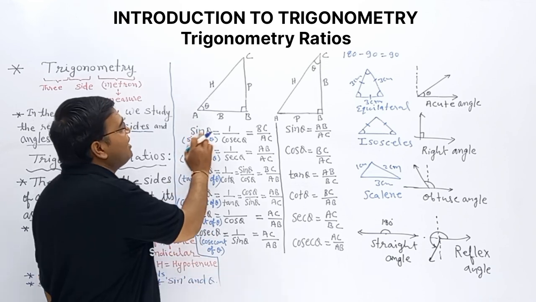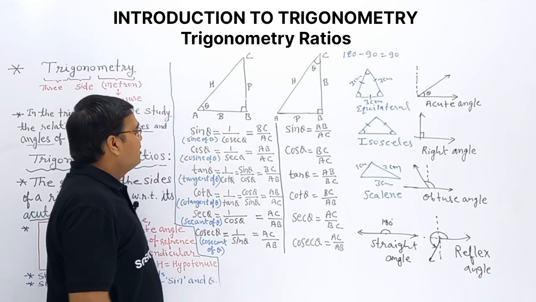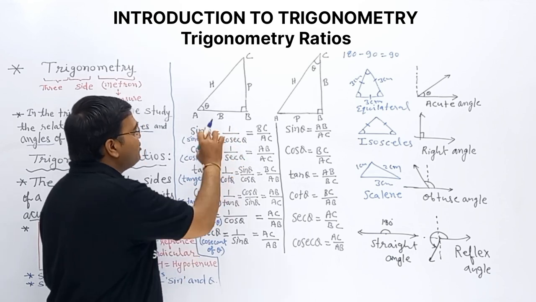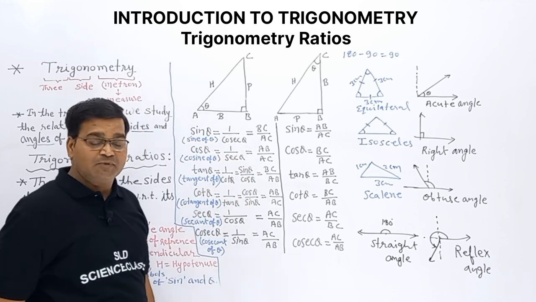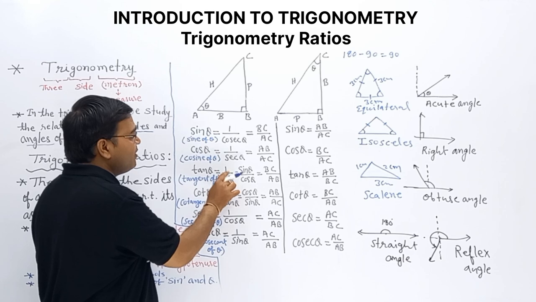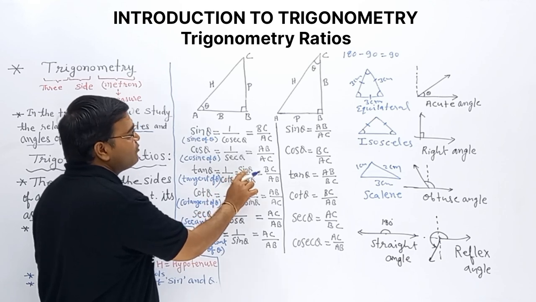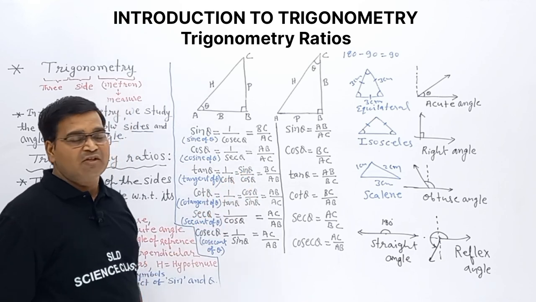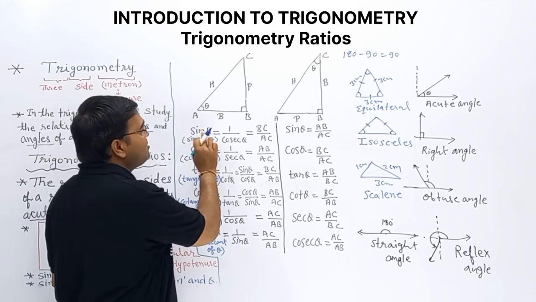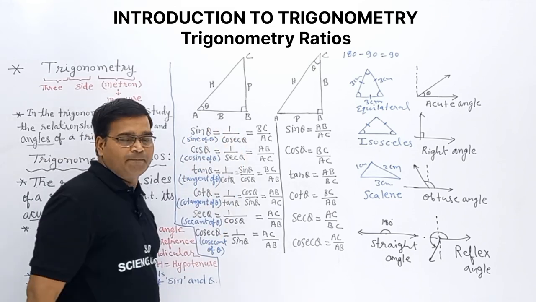So sin theta equals 1 upon cosec theta, cos theta equals 1 upon sec theta, and tangent theta is the ratio of sin theta to cos theta. Clear? Tangent theta is 1 by cot theta, and it is the ratio of sin theta to cos theta. Now one by one I am taking. Sin theta is 1 by cosec theta.